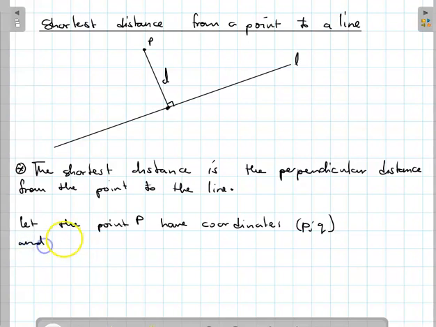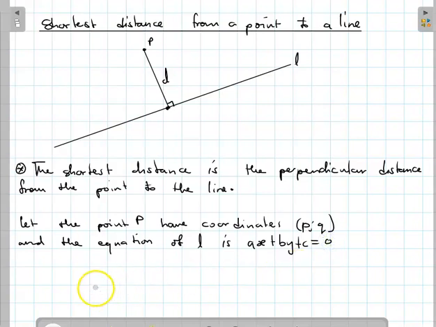And the equation of the line L is ax plus by plus c equals 0. Then D is simply equal to this.